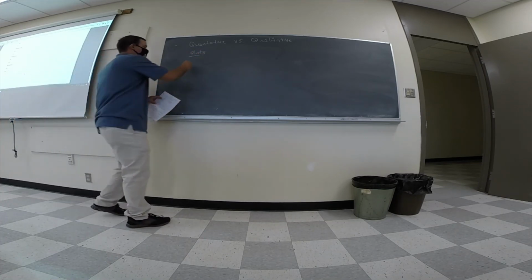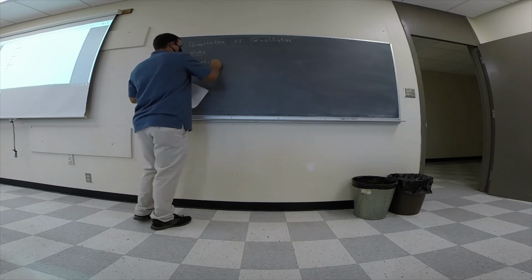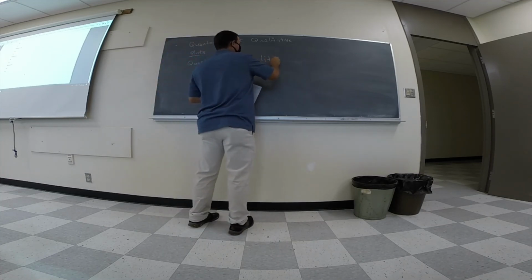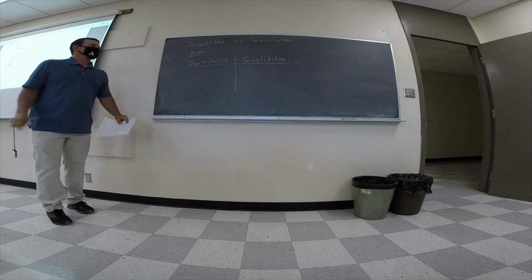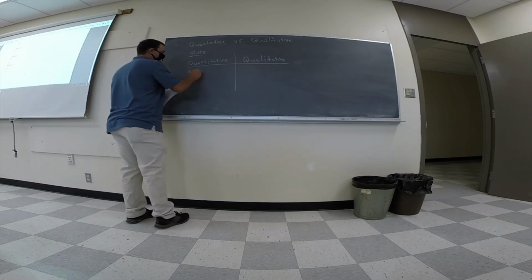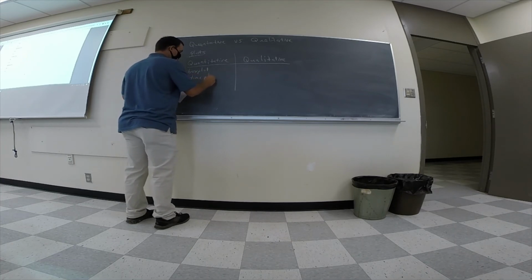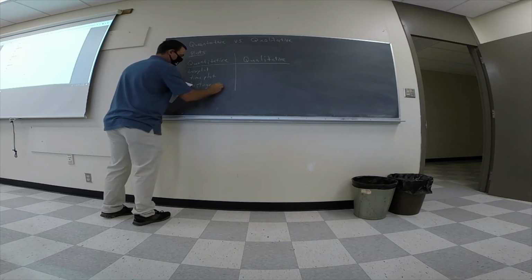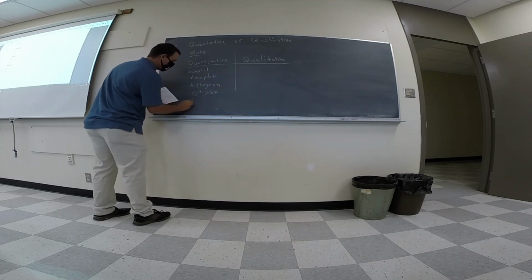Okay, so you gotta know, I'm gonna do quantitative on this side, qualitative on this side. The types of plots that I can use to describe quantitative data: I can use a box plot, time plot or time series, histogram, dot plot, and a stem and leaf.